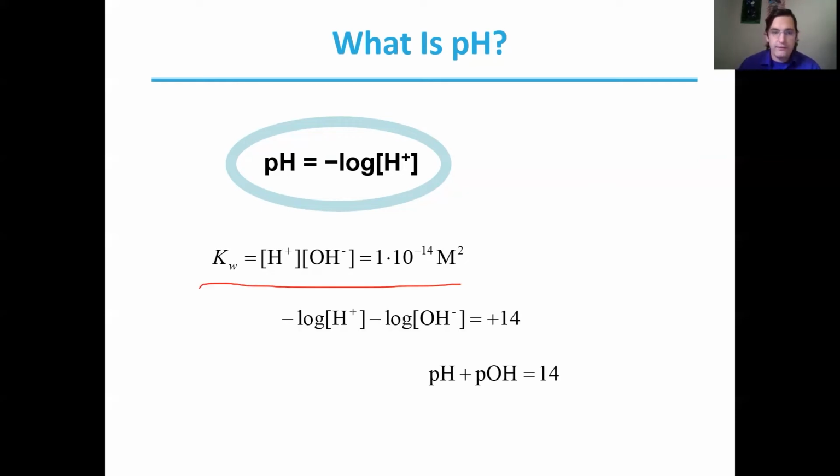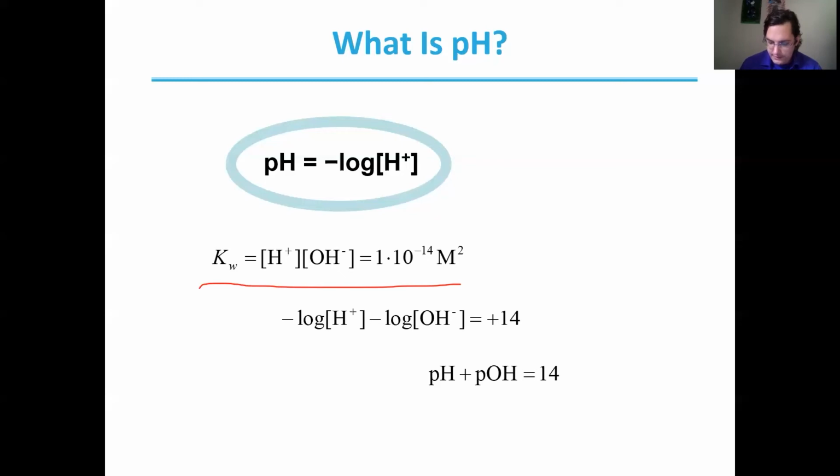So if we take the negative log of this equation here, we can express this in terms of pH. Now remember, of course, when we have the logarithm of a product, that's the same as adding those two logarithms together. So negative log of H plus times OH minus becomes minus log H plus minus log OH minus equals 14, which is the negative log of 1 times 10 to the negative 14th.